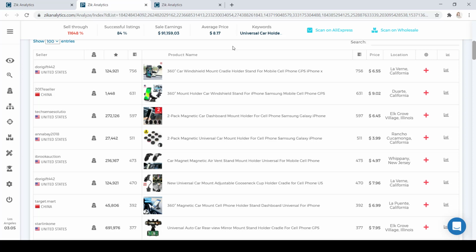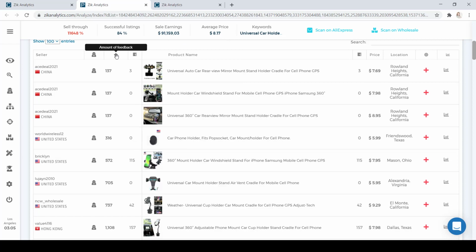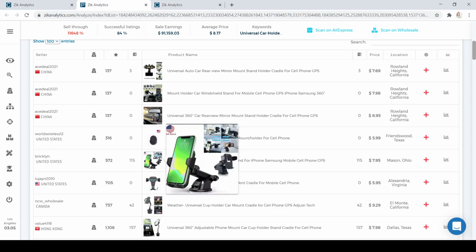good. Another way to filter out the amount of feedback is by clicking on this star here. This will filter out the least amount of feedback to the most, which is another great and easy way to find sellers. Right away, I see that this seller here sold the same item as the first seller we were looking at.